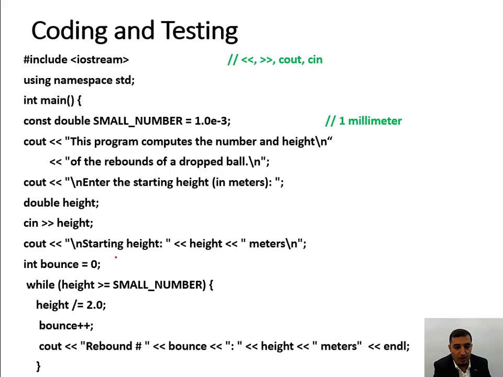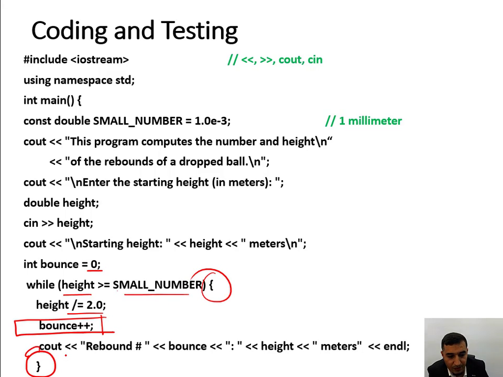You can see this program done by while. Okay, so bounce is equal to 0. While height is greater than or equal to small bounce, divide height by 2, bounce plus plus. This is the increment and decrement inside the while loop. This is the full while loop statement. Initialization is outside.